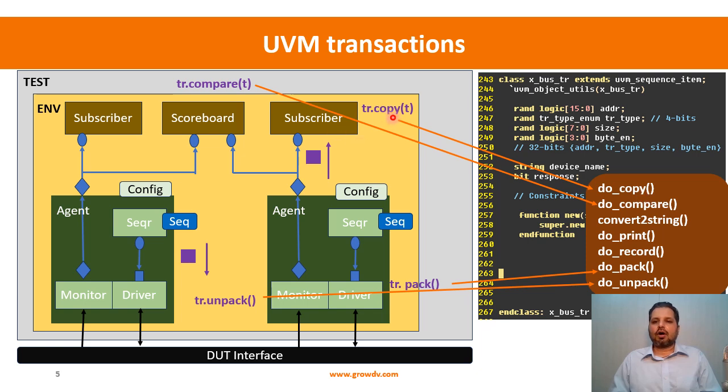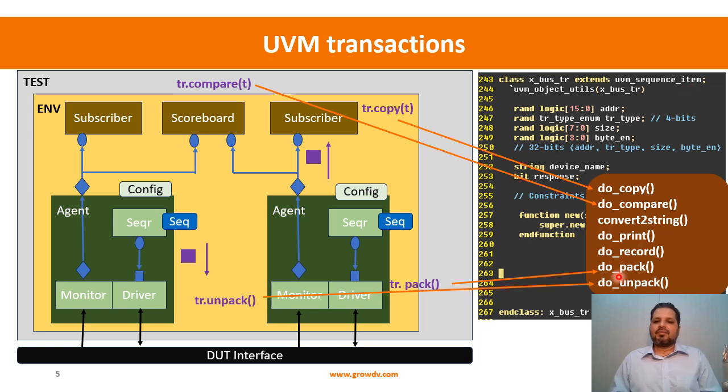Whenever you call copy, internally it would invoke doCopy, and that is what the user is expected to populate. And what exactly needs to be done over here, we will look at. Similarly, when the user calls compare, internally doCompare gets invoked. These are the placeholder functions which are present as part of the UVM sequence item base class. What we need to do with them, we will look at when we go to the implementation.